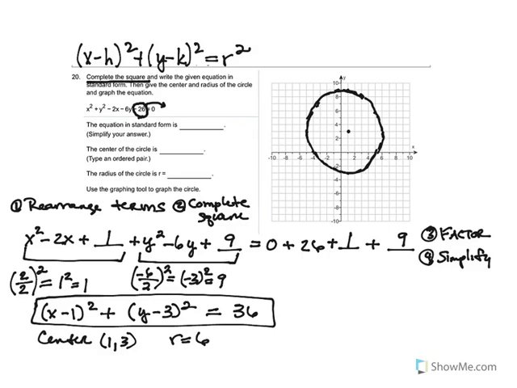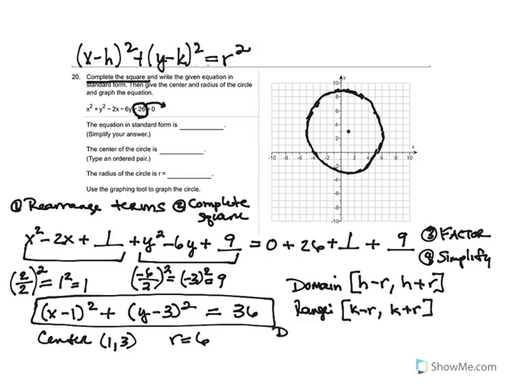Now if you had to do domain and range, you could look at the graph, or you could use the method that I showed. The h component of the center minus the radius, the h plus the radius, the k minus the radius, the k plus the radius. So for the domain, I would do 1 minus 6, 1 plus 6.